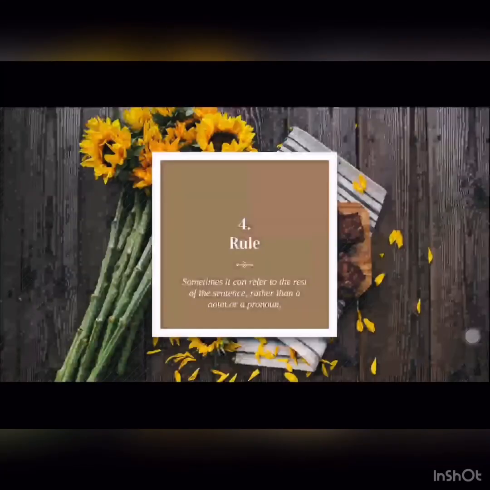Rule number four. Sometimes it can refer to the rest of the sentence rather than a noun or a pronoun. Do you remember the previous slides when we used noun and pronoun? Like Katie. Katie is a noun. Pronoun is like she. Okay. So we can also use ideas.